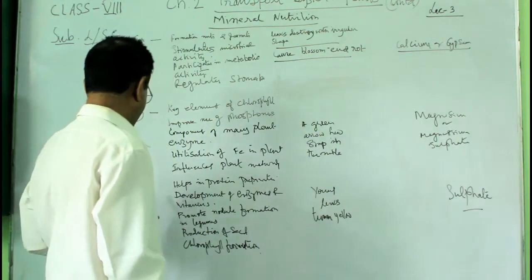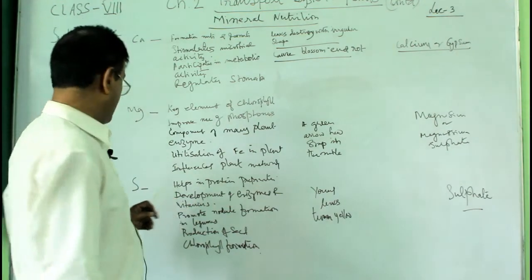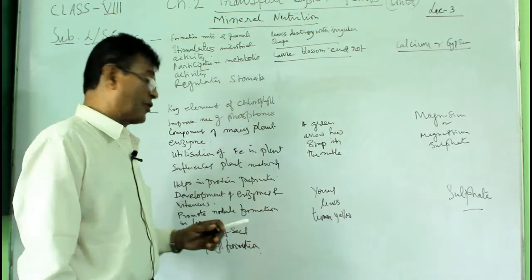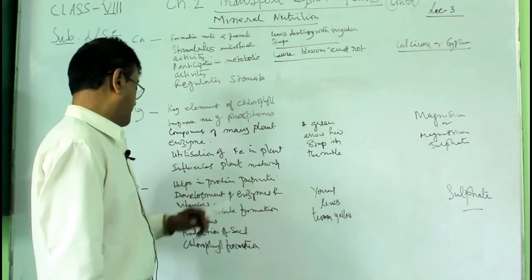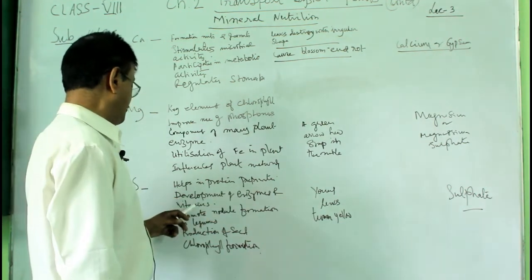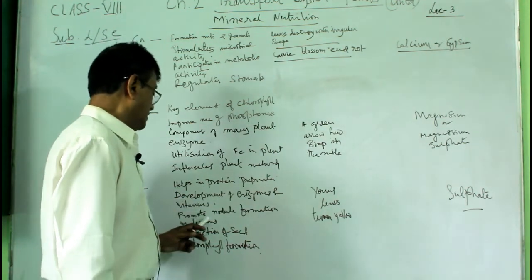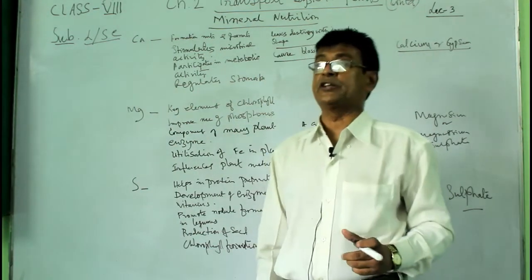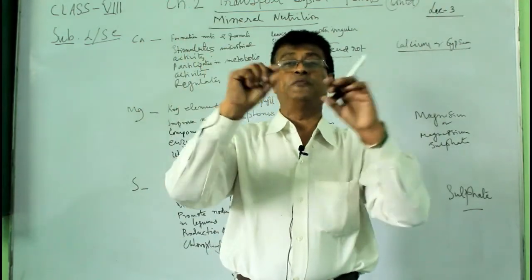When we come to the next, or last, macronutrient, it is known as sulfur. Sulfur is one of the ingredients of protein, so it helps in protein production. It helps in development of the enzymes and vitamins. It promotes nodule formation in leguminous plants. What are leguminous plants that you know? The plants which bear the pod.